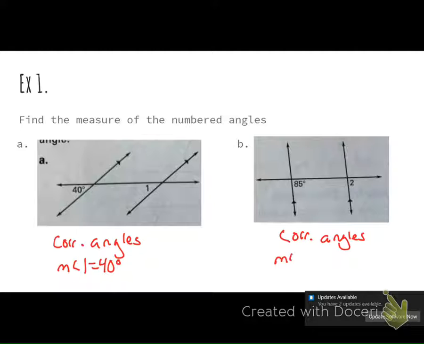So we know the measure of angle 2 has to be 85. Our last one here for this group is that 96 degrees and angle 3. They're corresponding angles, and then what does that mean? That means the measure of angle 3 has to be 96 degrees.